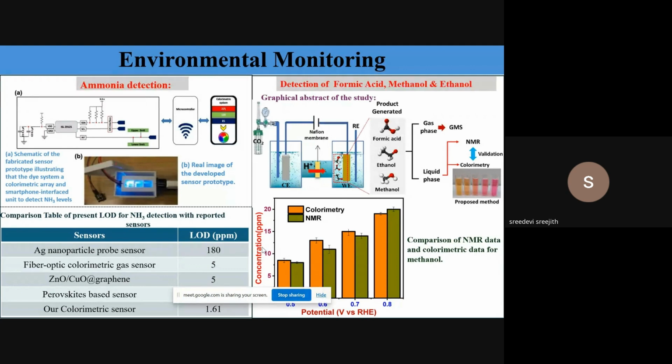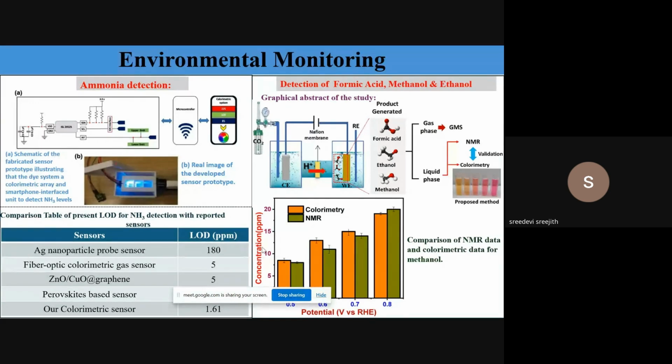With our sensor, we can identify whether it is formic acid, ethanol, or methanol. Usually, formic acid, ethanol, and methanol in the liquid phase are determined by NMR experiments. Now we have proposed a colorimetric device by which we can identify these products.